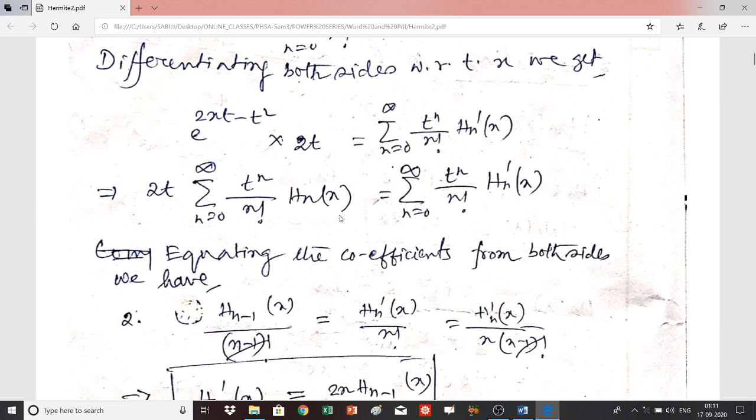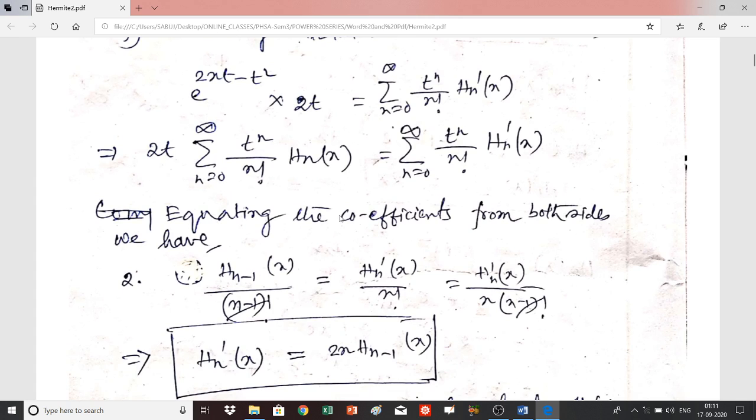Now equating the coefficients of t to the power n from both sides, we see that the power of t on the left hand side is t to the power n plus 1. To equate the coefficient of t to the power n, we have to replace n by n minus 1 on the left hand side.